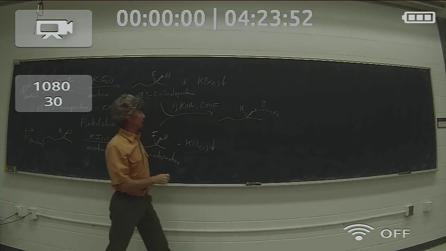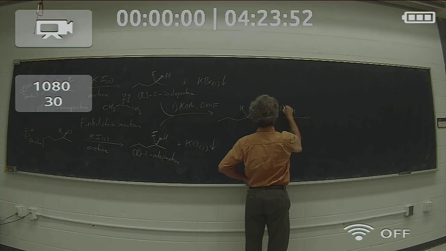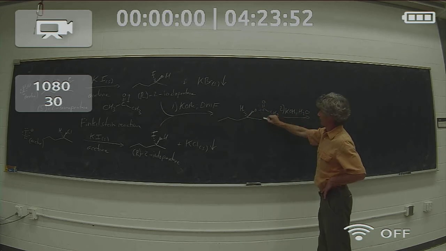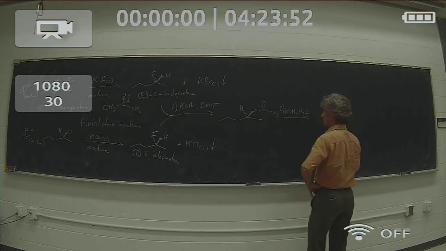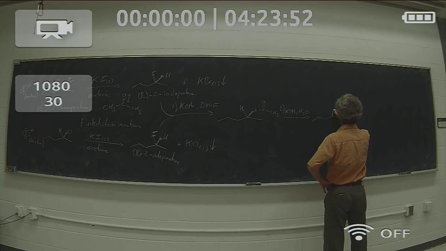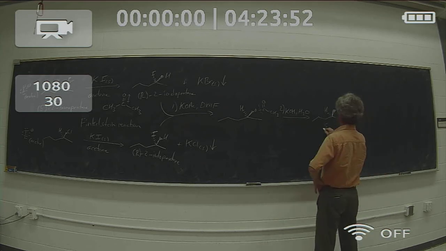And then in the second step, we would treat this with aqueous KOH to hydrolyze the carbonyl oxygen bond, to give the S isomer of pentanol.